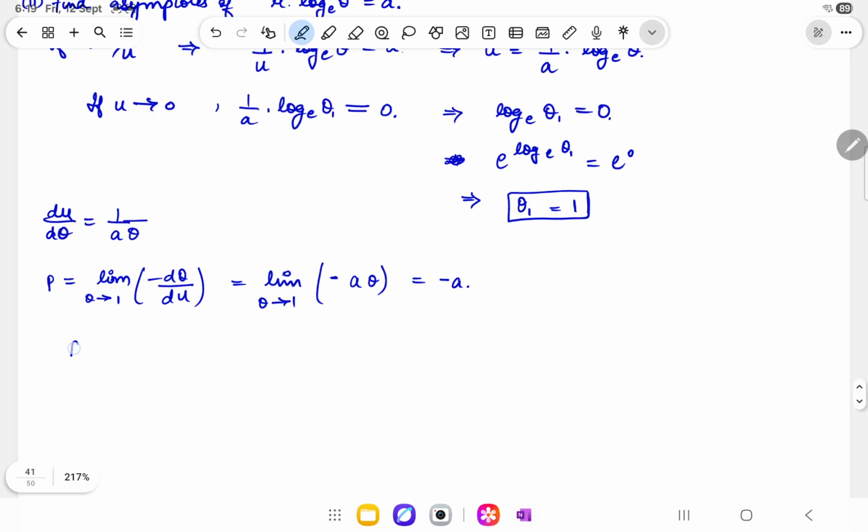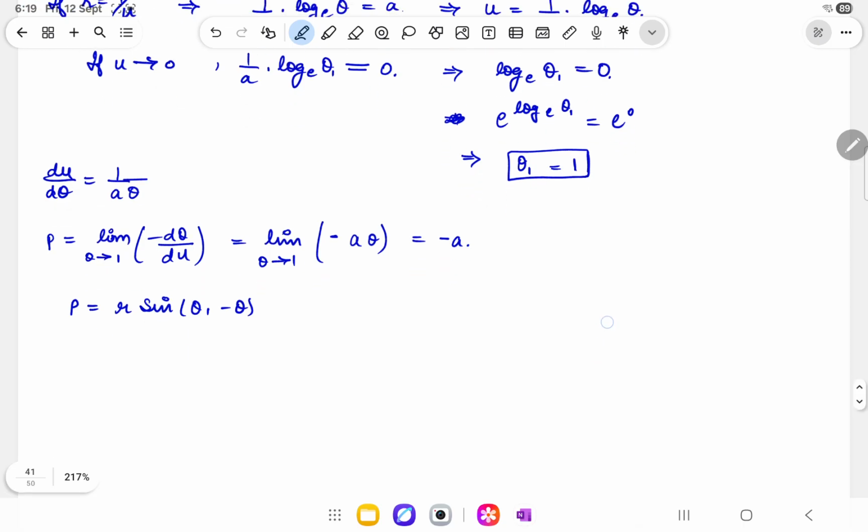Now we know that p must be equals to r sine of theta 1 minus theta, and this theta basically gives us the value of the asymptote. So from here I'll be getting p, that is minus a, equals to r sine of theta 1 minus theta, that is 1 minus theta.